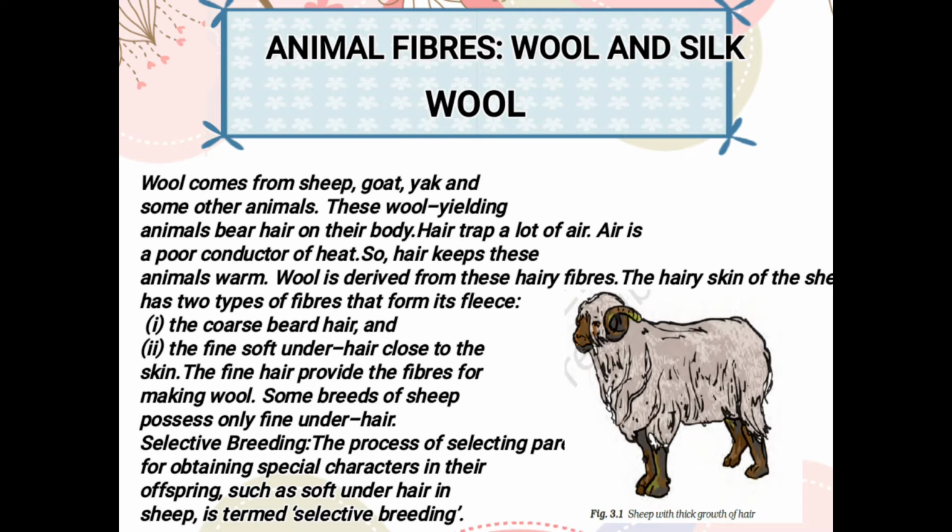Fine. Now whatever plant fibers there are, they are cellulose based. Now about cellulose, we have read in animal nutrition that cellulose is a kind of nutrient which only animals are able to digest, we are not able to digest. So the natural fibers, or you can say the plant fibers, are mainly cellulose based.